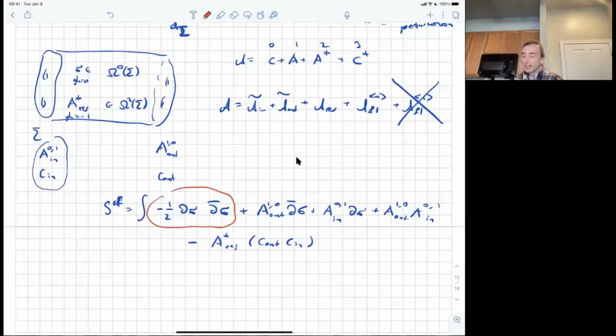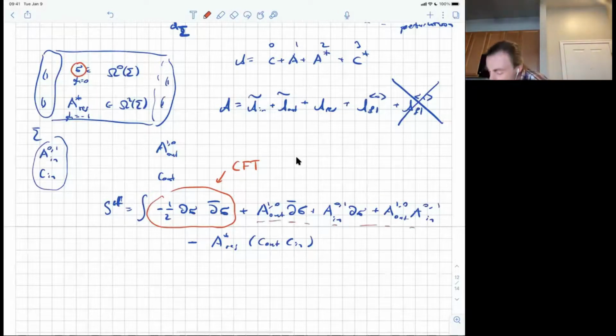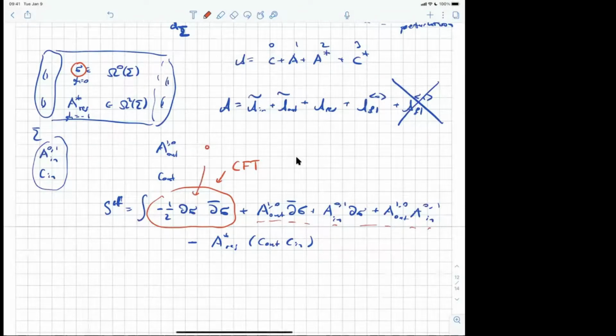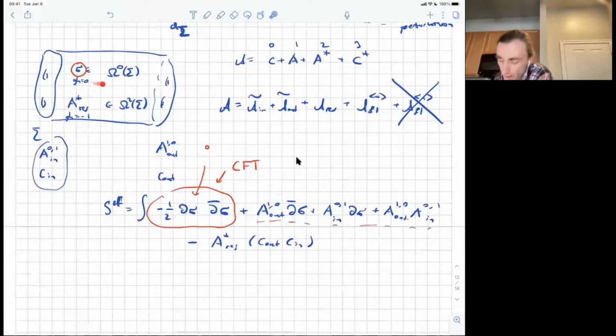This is the massless scalar, and in particular it's a conformal field theory, where the field is the bosonic part of our residual fields, and then it's extended by interactions with the boundary and by a certain ghost term. What is sigma again? Sigma is a zero mode, or residual field.